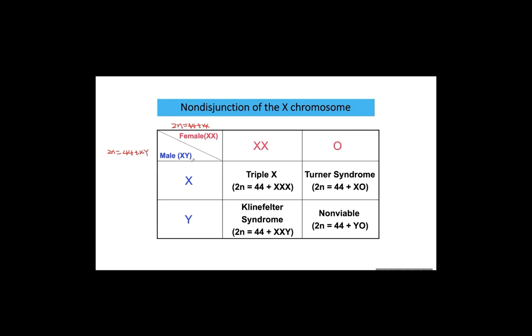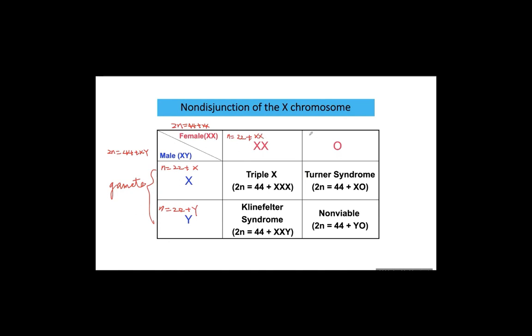Now once this diploid undergoes meiosis, they will have n equals 22 plus X, haploid, and n equals 22 plus Y. These are the gametes. This gamete is supposed to be n equals 22 plus X, but this time n equals 22 plus XX.